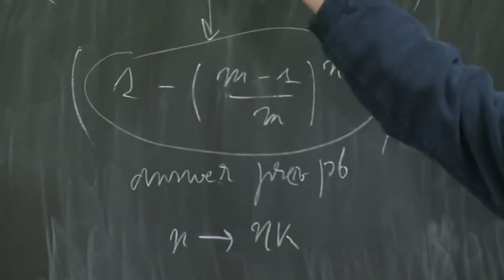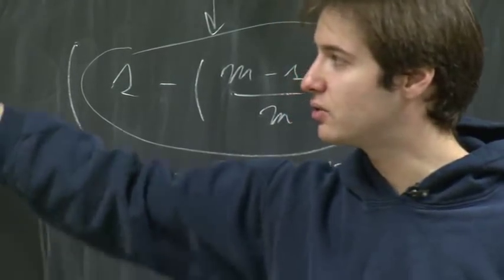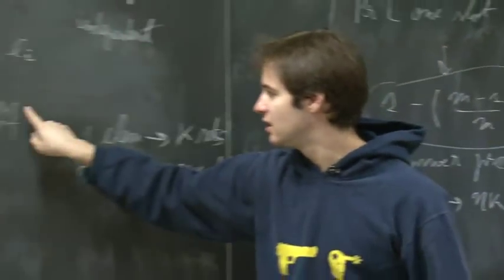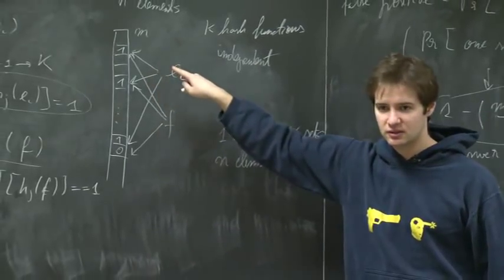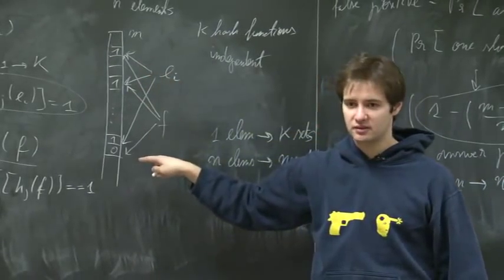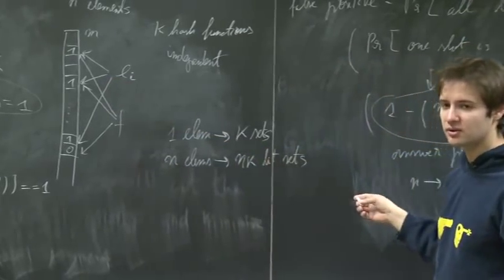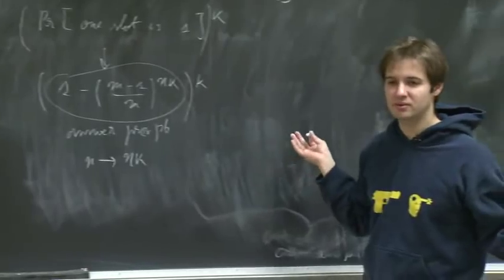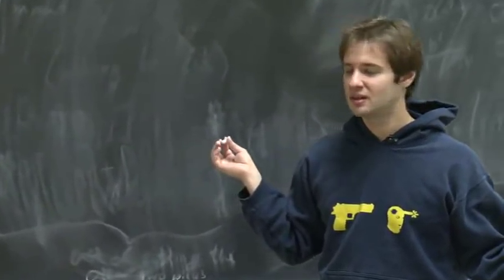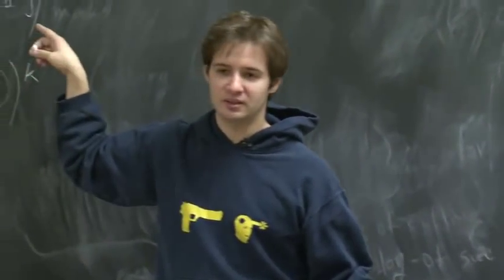But here when you're given an element, you're going to hash it through the k functions, and you're going to check all the bits. So you're going to check k bits. As long as any of the k bits is a 0, it's not a false positive. So we need all the k bits to be a 1.